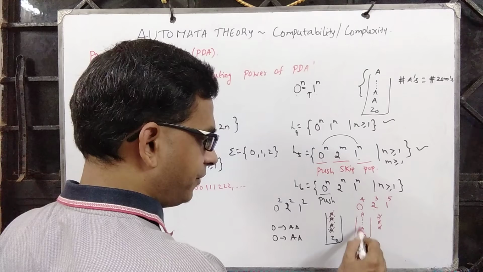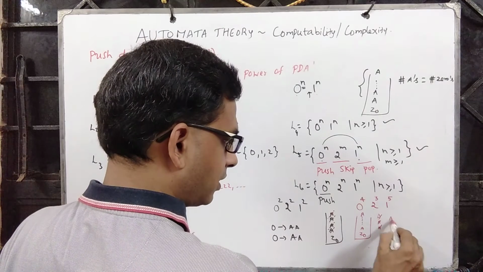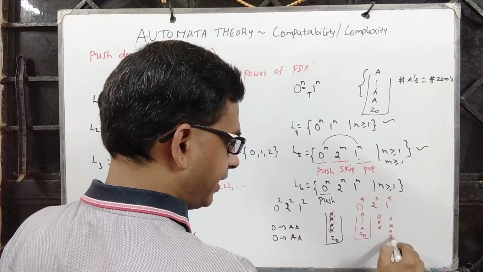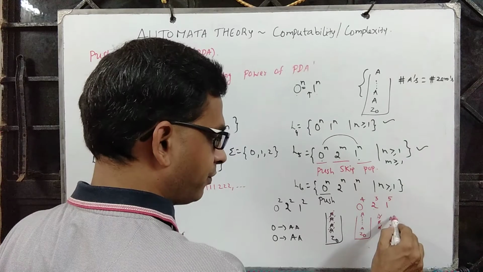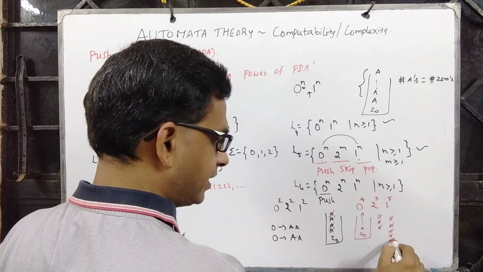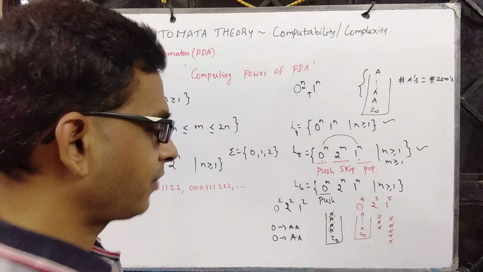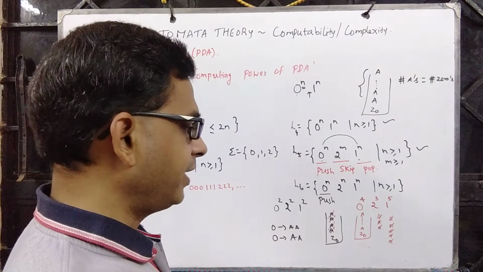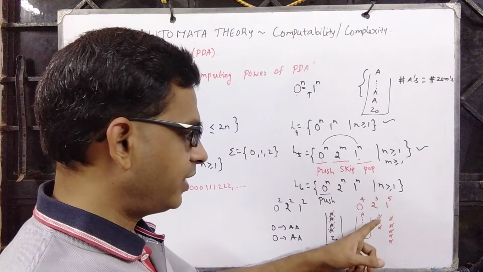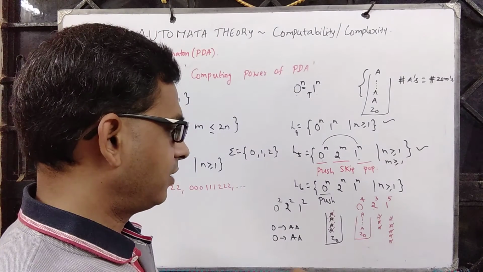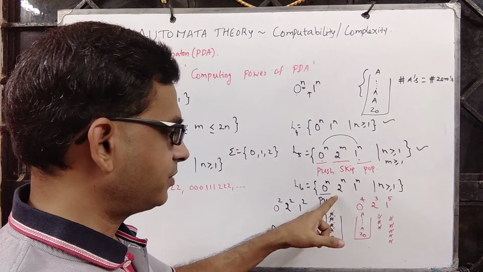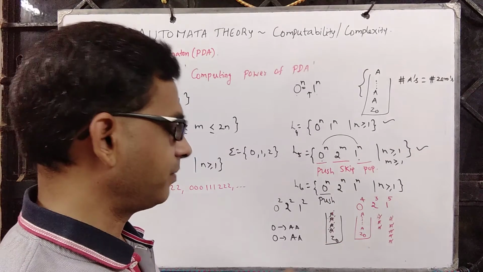Then we are left with 5 A's. Then when we start reading this 1, we pop these 5 A's out. Now the stack is empty. You may conclude it is a valid string, but it is not in the form 0 power n, 2 power n, 1 power n.